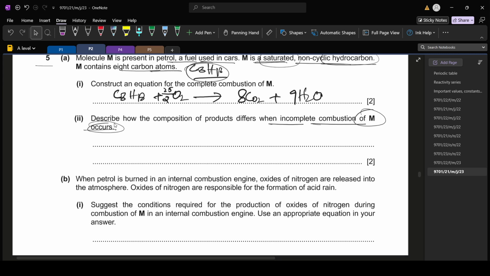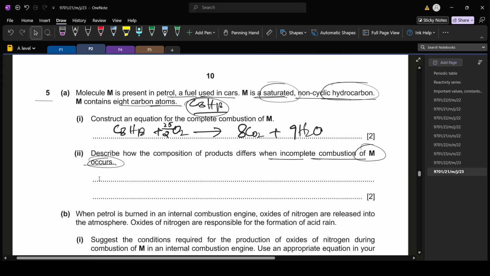Now describe how the composition of products differ when incomplete combustion of M occurs. So you can write that when incomplete combustion occurs, carbon monoxide, carbon, and unburned hydrocarbons will also form.